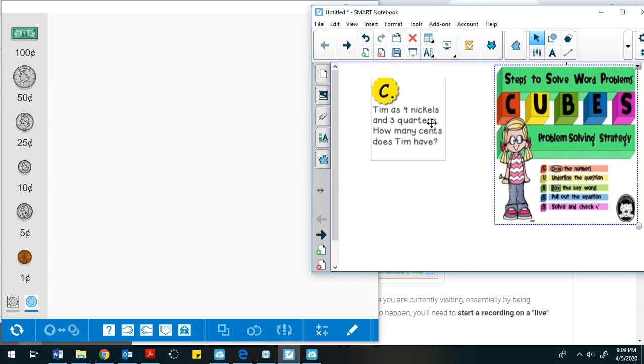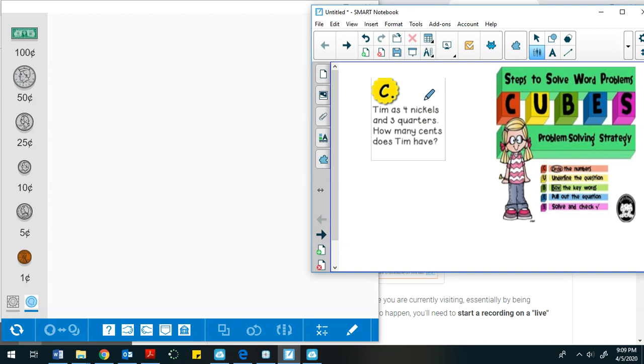So let's look at a word problem and let's use CUBES to help us solve. This says Tim has 4 nickels and 3 quarters. How many cents does Tim have? Well, the first thing that I need to do is circle the numbers.